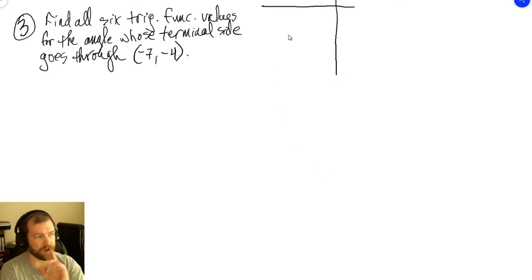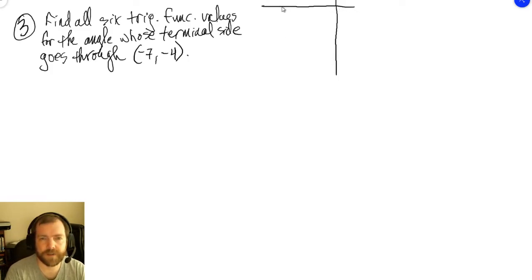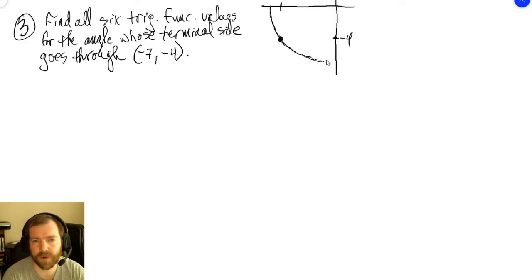Especially when we're talking about trig functions, we're looking at a point that goes through here, which is on a larger circle, which would look something like this, give or take.